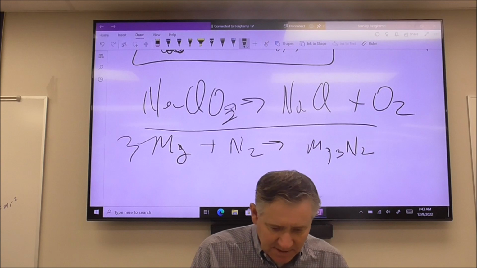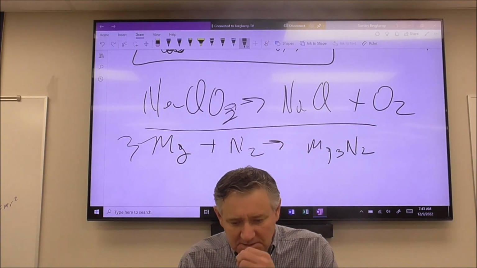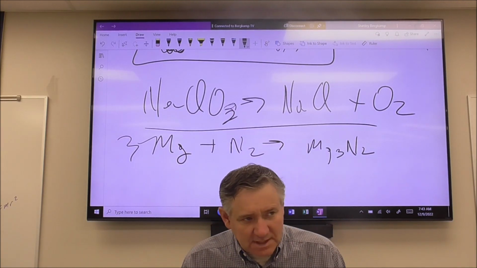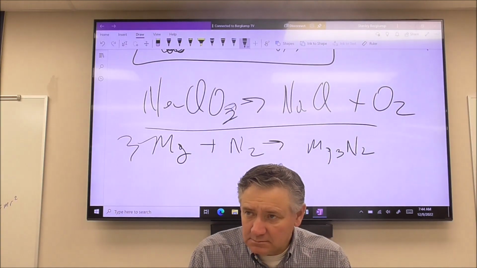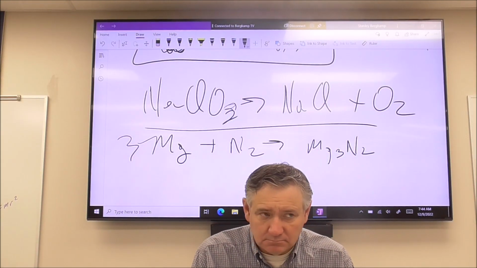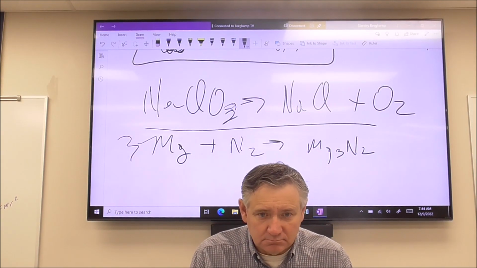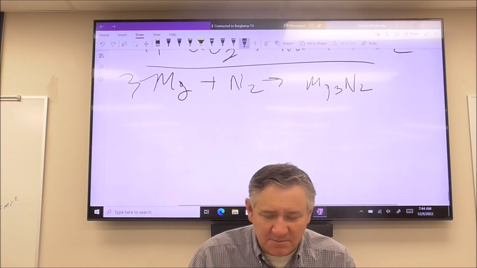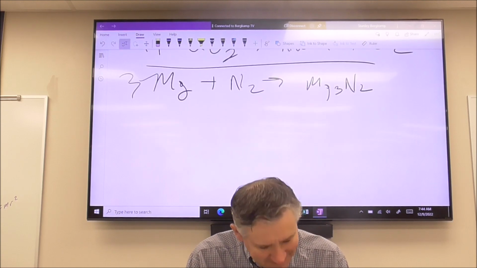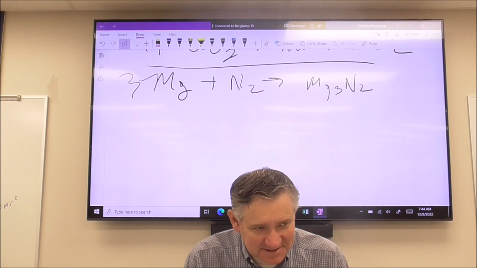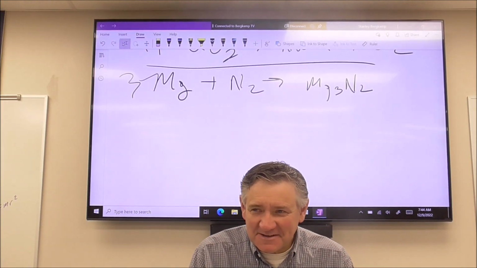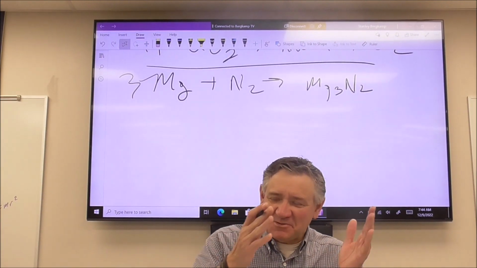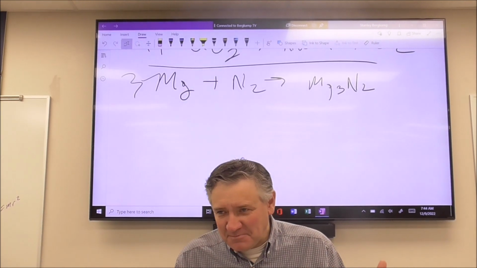You're going to make magnesium nitride. So, what type of reaction is it? You're taking two things and making them into one. Synthesis. It's a synthesis reaction, right? Decomposition would be if I took it and separated it, broke it apart.